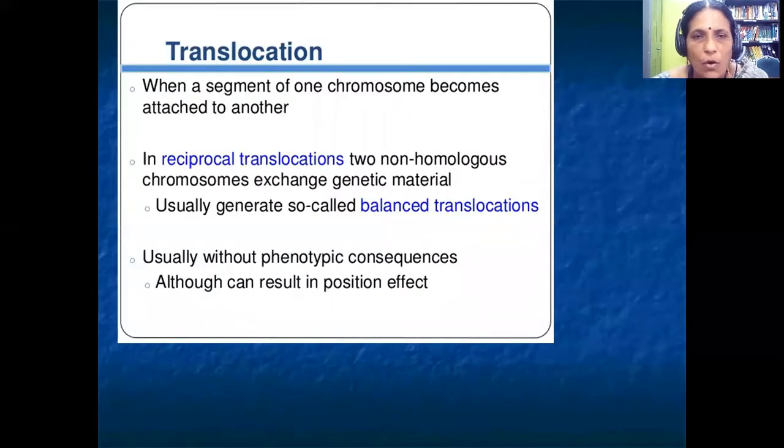When a segment of one chromosome becomes attached to another, that is translocation. In reciprocal translocation, two non-homologous chromosomes exchange genetic material.